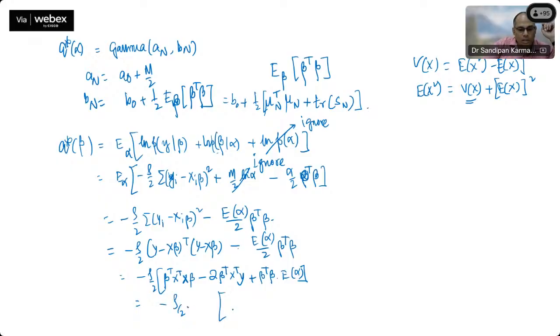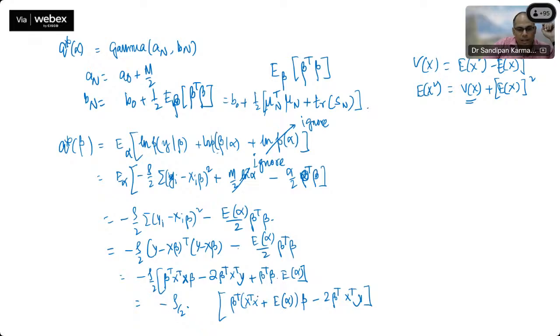So this is becoming minus rho by 2, beta transpose (X transpose X plus E of alpha) beta, then minus 2 beta transpose X transpose y.